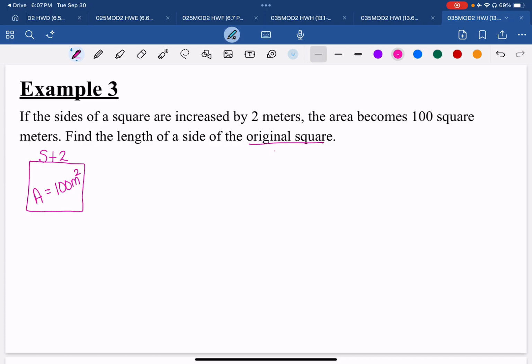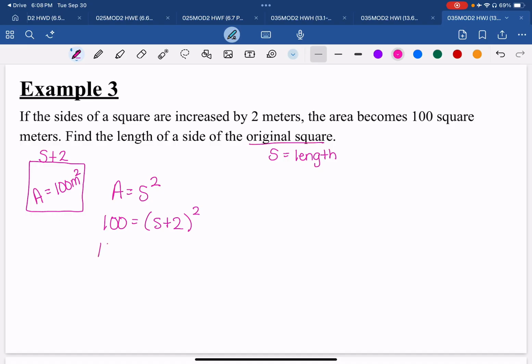So that means that s is going to be the length of the original side. The area of a square is equal to the side squared. So in this case, it says 100 equals the side, s plus 2, squared.